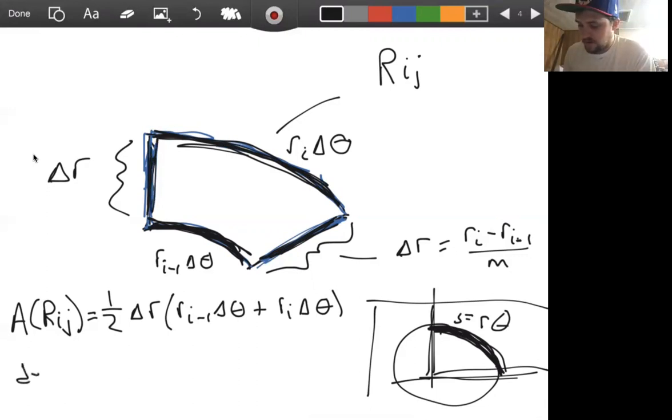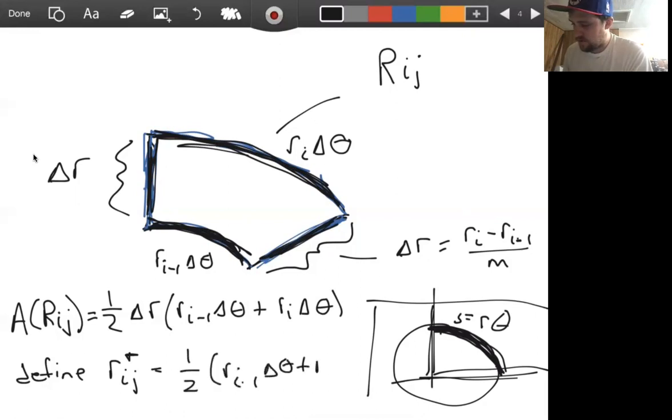Let's define R_ij star to be 1/2 (R_{i-1} plus R_i).